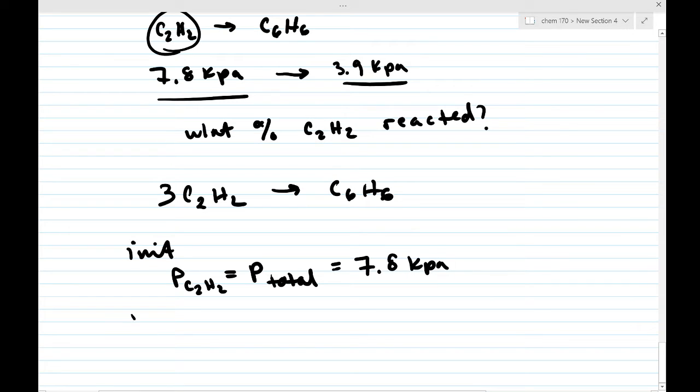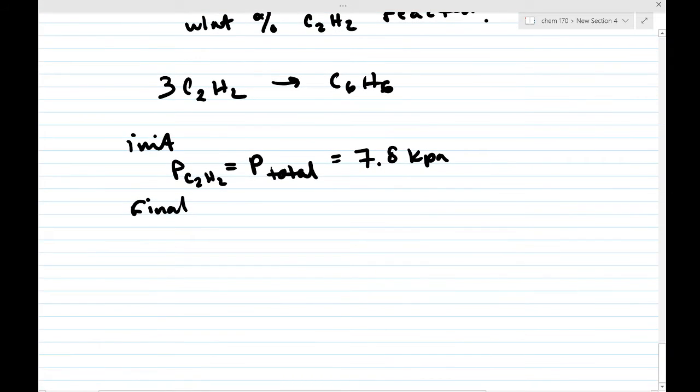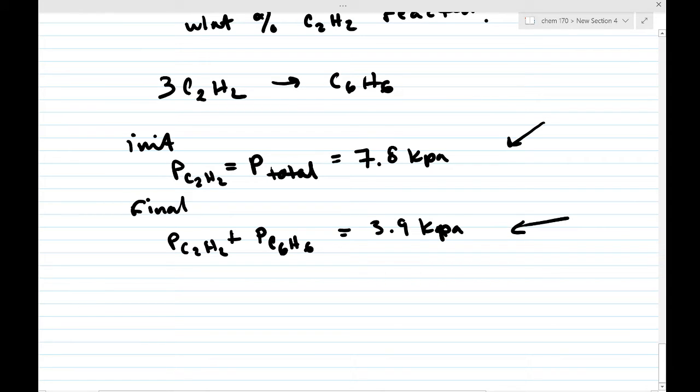And then the final state is a mixture of C2H2 and C6H6. So we have to add these partial pressures together, and this total pressure equals 3.9 kilopascals. Okay? So in the first case, there's no C6H6, and in the second case, there's a mixture of these two gases.